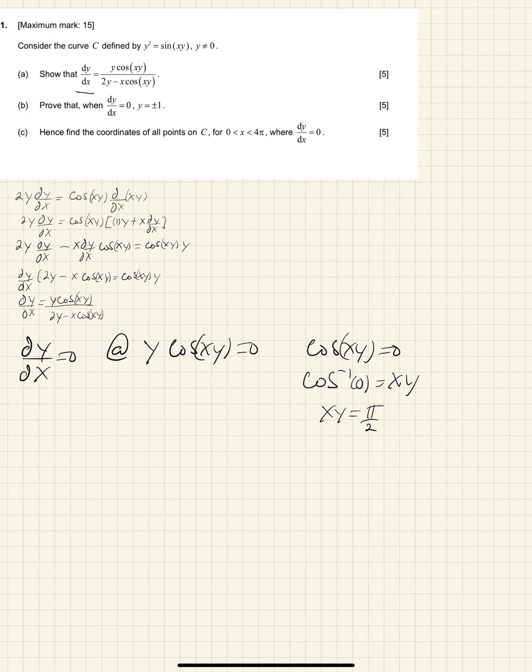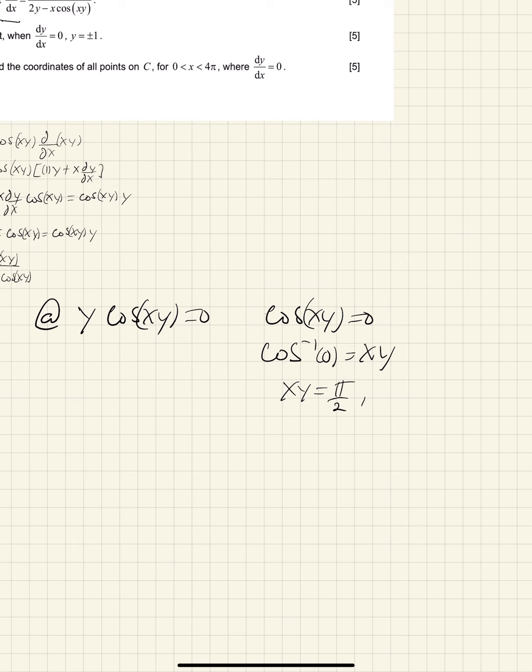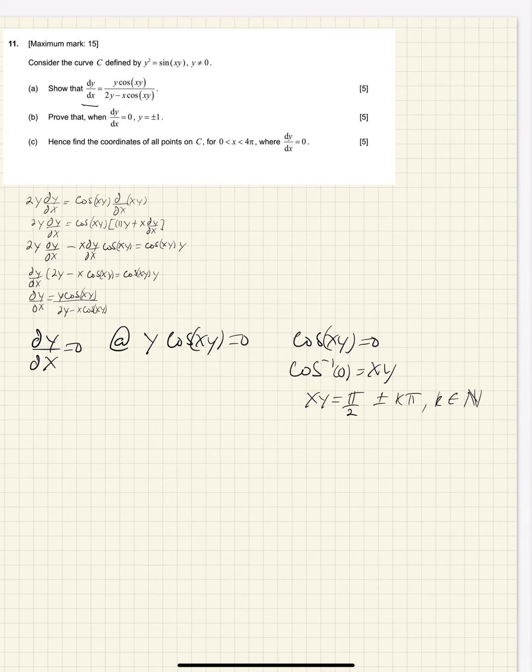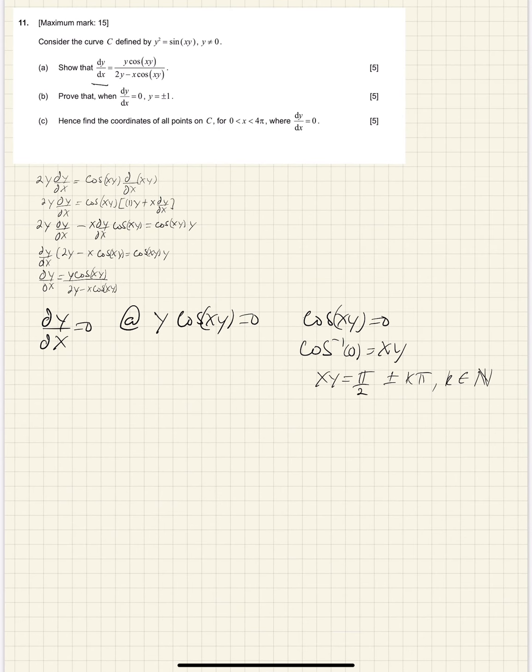Okay, so pi over 2, 3 pi over 2, so pi over 2 plus or minus k pi, where k is a natural number, not a real number. We need whole numbers. Okay, great. We know that y can't be 0, so we have this. But that doesn't really tell me that y is going to be plus or minus 1.